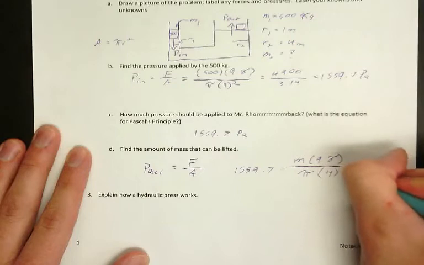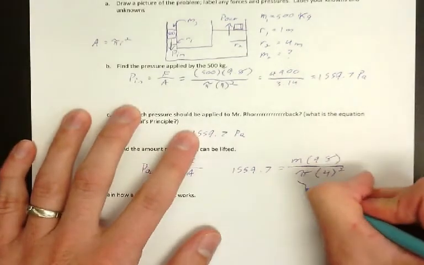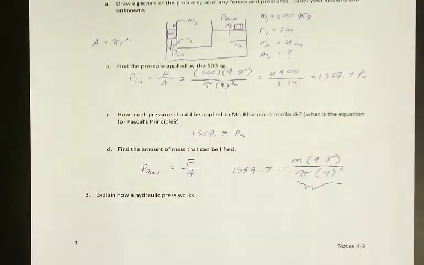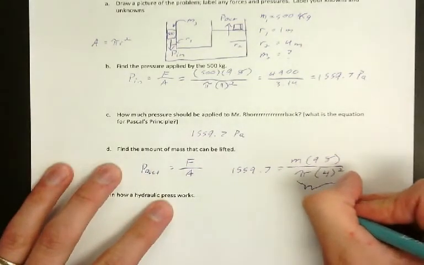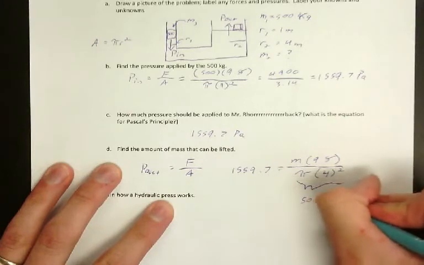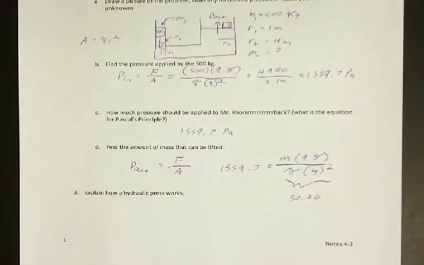And the radius for 2 is 4. So pi times 16, 50.26. Multiply that to both sides, and divide it by 9.8.